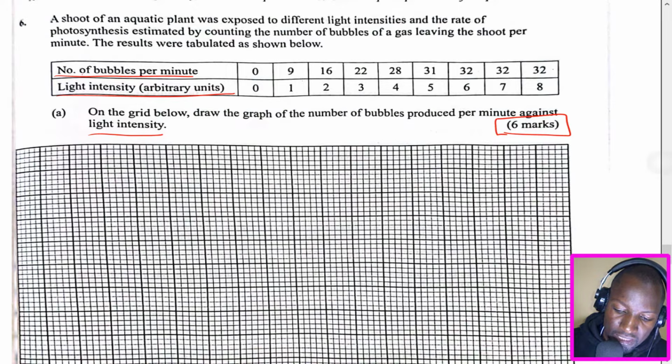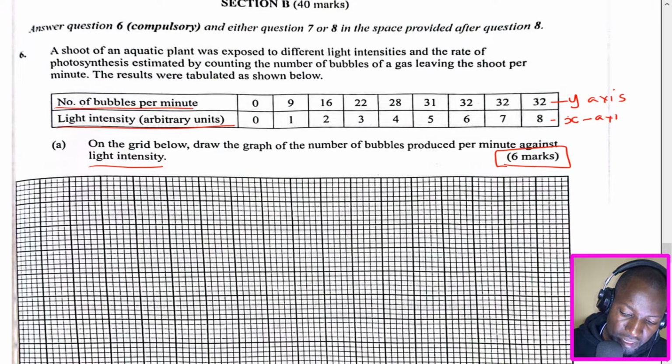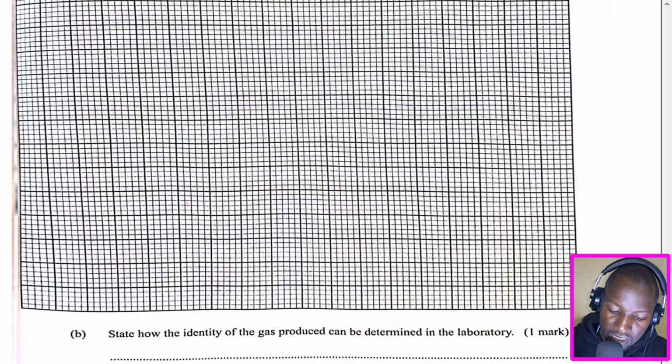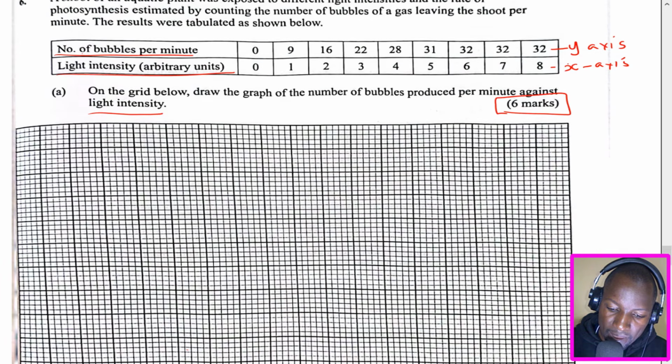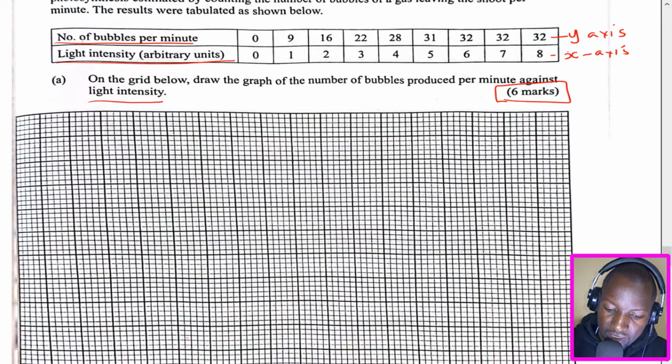Remember, the number of bubbles shall be on the y-axis, and light intensity shall be on the x-axis. Looking at the space that we have, we can give our scale. Let us start with the y-axis, which ranges from 0 to 32.